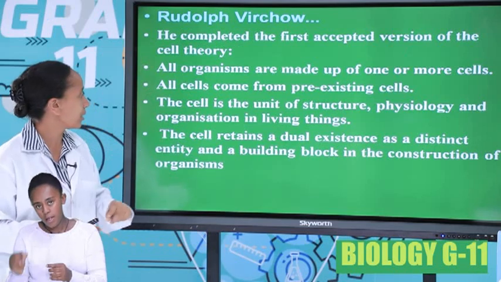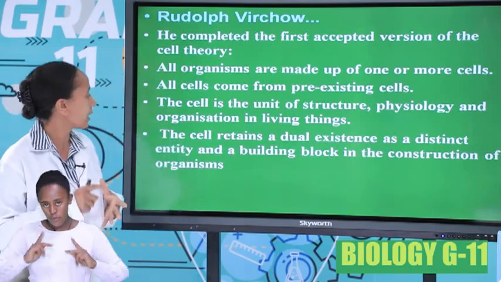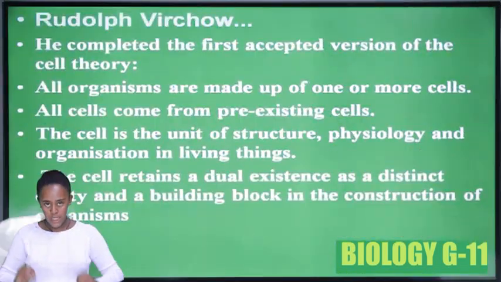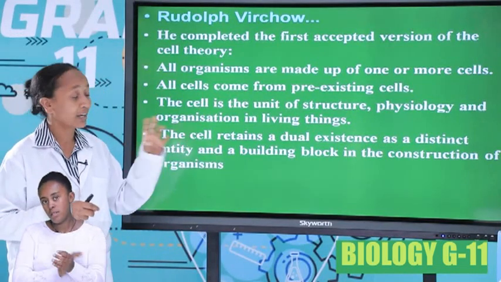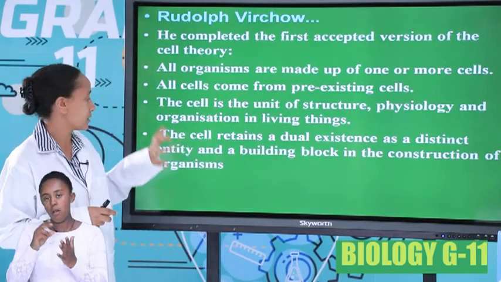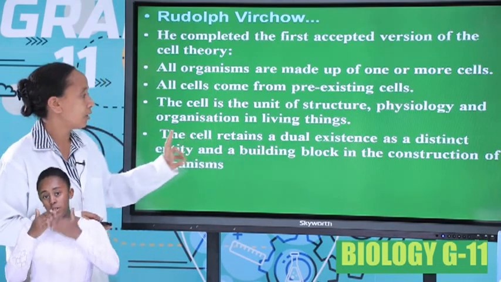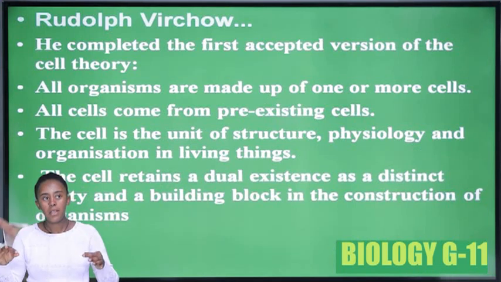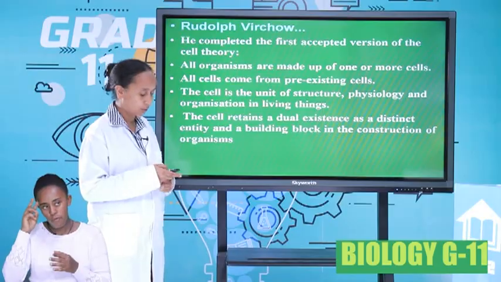And the third statement, the cell is the unit of structure, physiology, and organization in living organisms. And the last statement is that the cell retains a dual existence as a distinct entity and as a building block of organization. These statements are Rudolph Virchow's cell theory.